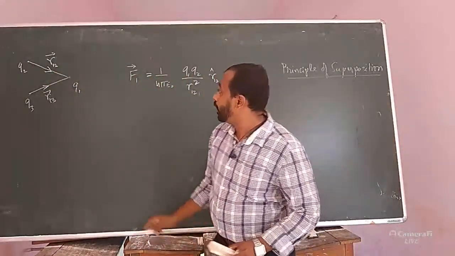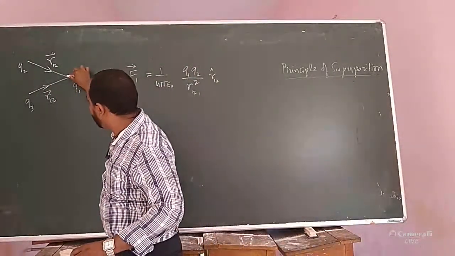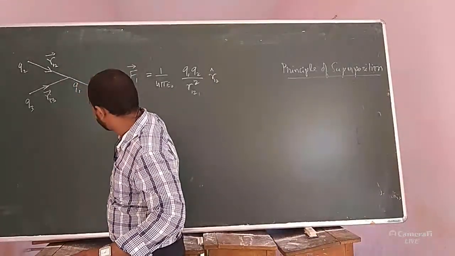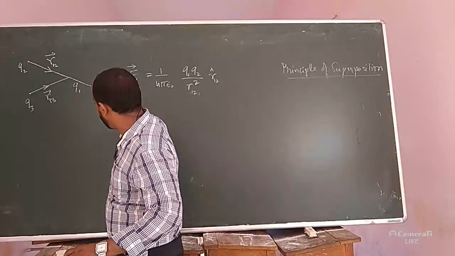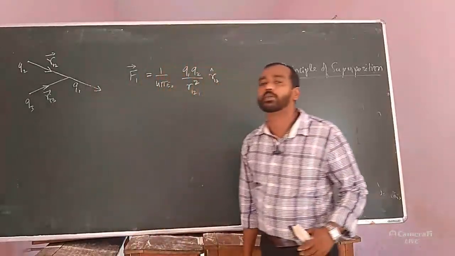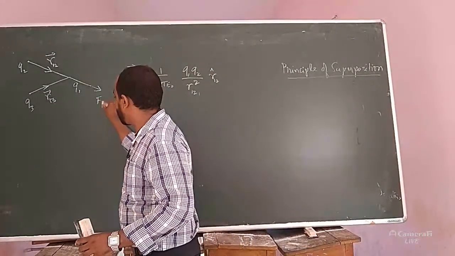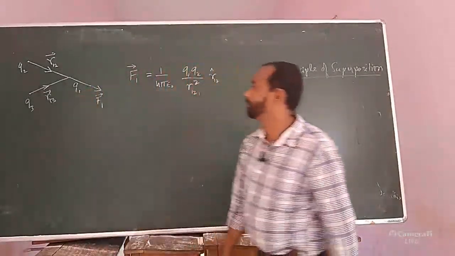So it will be a force of repulsion, and also along this line, we can extend this line. So this is the direction of the force F1 in the diagram.